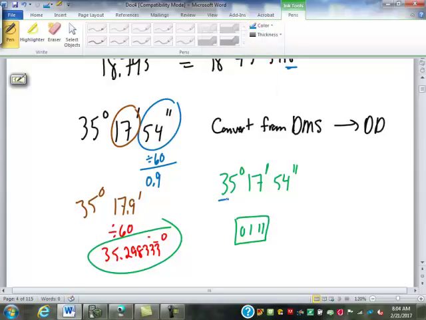You're just going to type in 35, hit that key. Type in 17, hit that key again. It's going to put another degree symbol there, but the calculator knows what that really means. Hit the 54 and hit that key again. Again, the calculator put another degree symbol there, but the calculator knows that that's seconds. Then just hit enter or equals, and it should flop it over to decimal degrees.